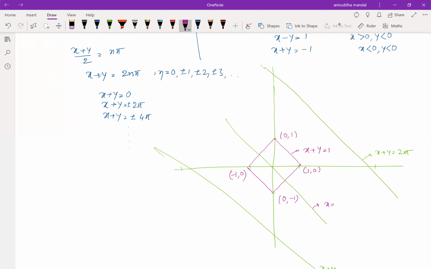This green graph is x + y equal to 1, and all the other equations are minus x plus y equal to 1, x minus y equal to 1, and last is x + y equal to minus 1.